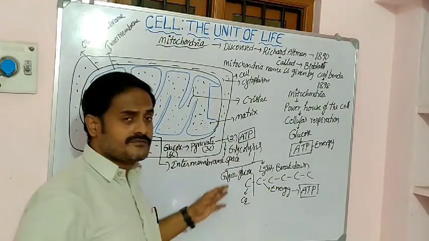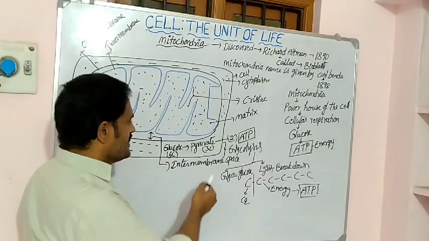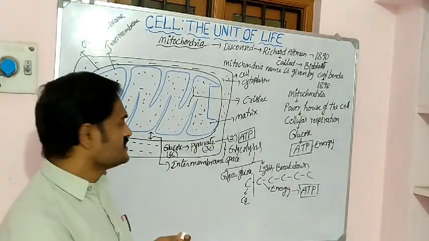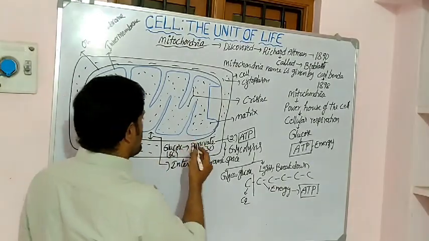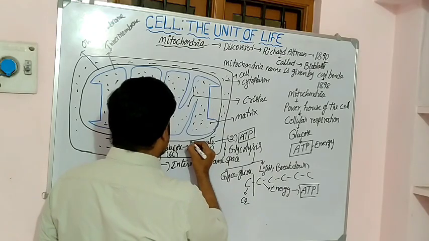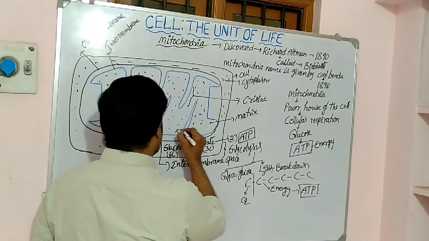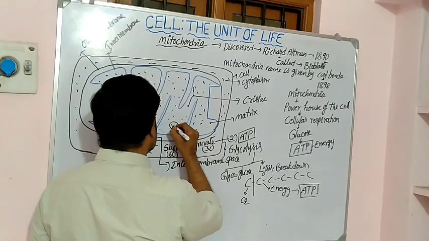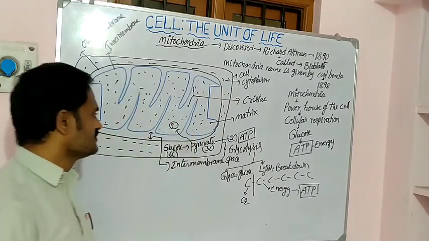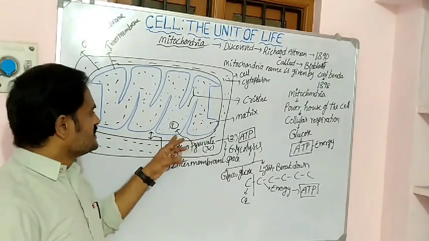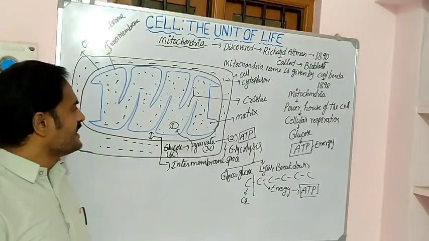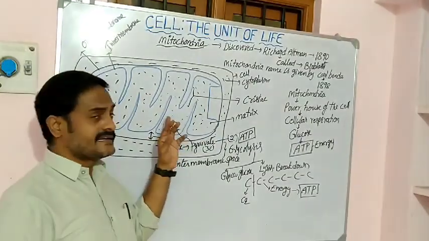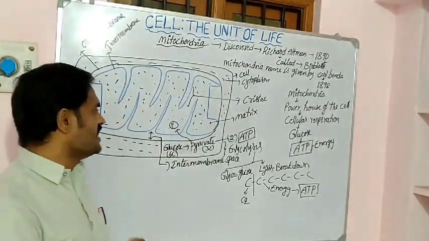After completion of glycolysis, pyruvate will form. Then this pyruvate enters into the matrix of the mitochondria. For suppose this is pyruvate. This is called what? Pyruvate. Then this pyruvate enters into the matrix of the mitochondria.